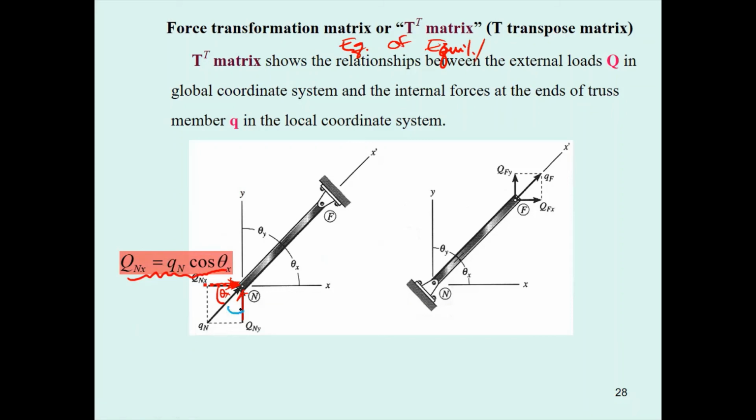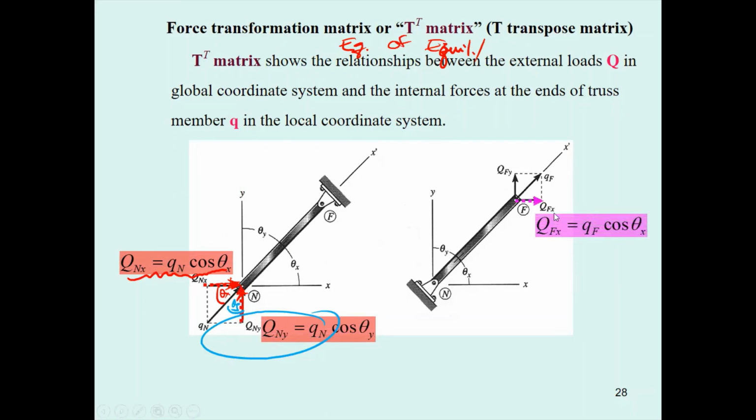And for this one is theta sub y. You can have this one to be Q sub N cos theta sub y. The same thing occurs here. This is Q sub Fx, cos theta x, and another one is Q sub Fy, cos theta y, because this is going to be the theta y.